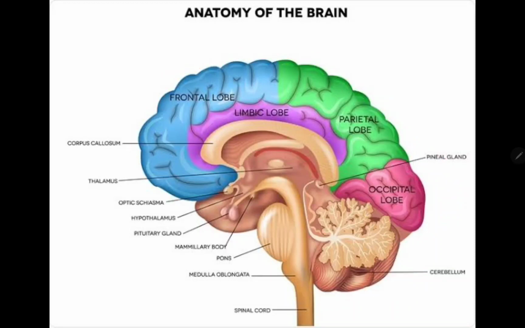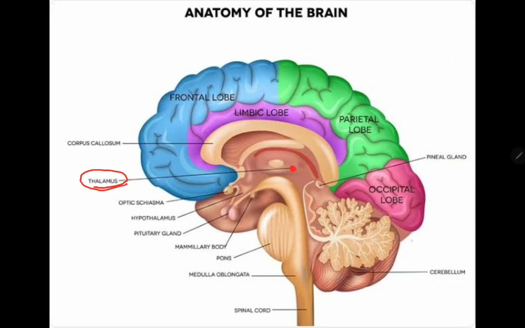Another thing, there is an important structure over here. This is the thalamus. This thalamus is the center of the brain. How? As it relays sensory and motor information to the cortex and helps with consciousness, sleep and alertness.